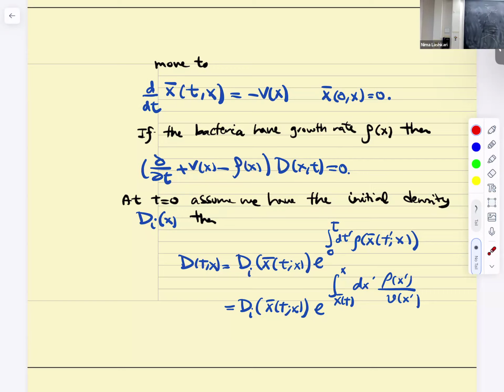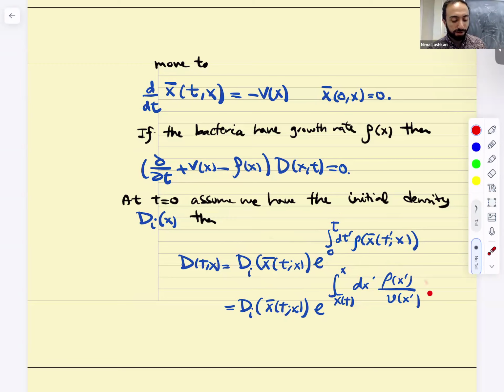So there's an exponent that tells you how the colony is splitting. And now, if the rate of growth depends on the position, inside the exponent you have an integral. So here it tells you where the initial colony is coming from, and here it tells you how it's splitting. Good.